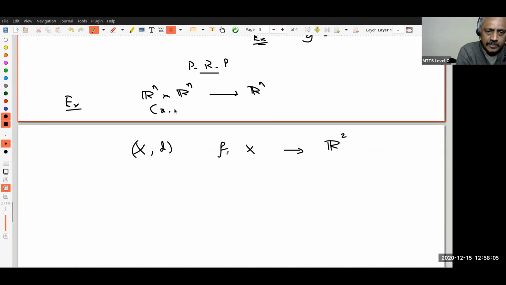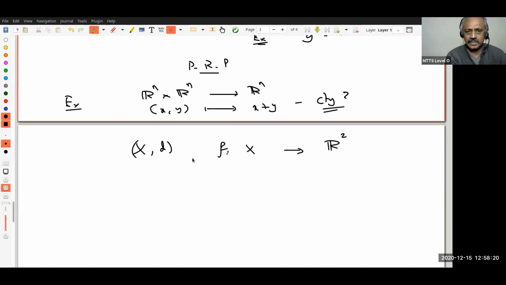Given an ordered pair, is there an obvious map? I'm sure all of you have gone through linear algebra. Therefore, this is x plus y. Can you check continuity on all of this? And what is the metric on Rn cross Rn? If you want, we will come back to this example later. But anyway, keep thinking about this. You can do that now.